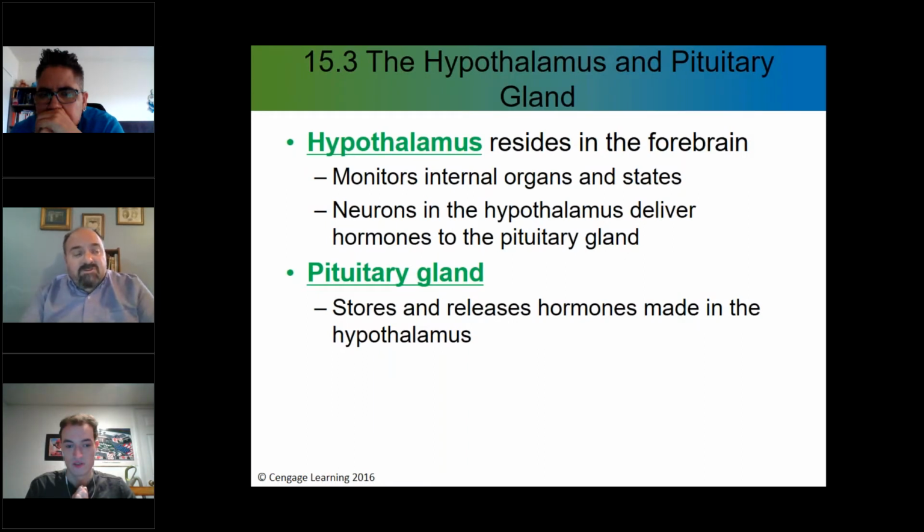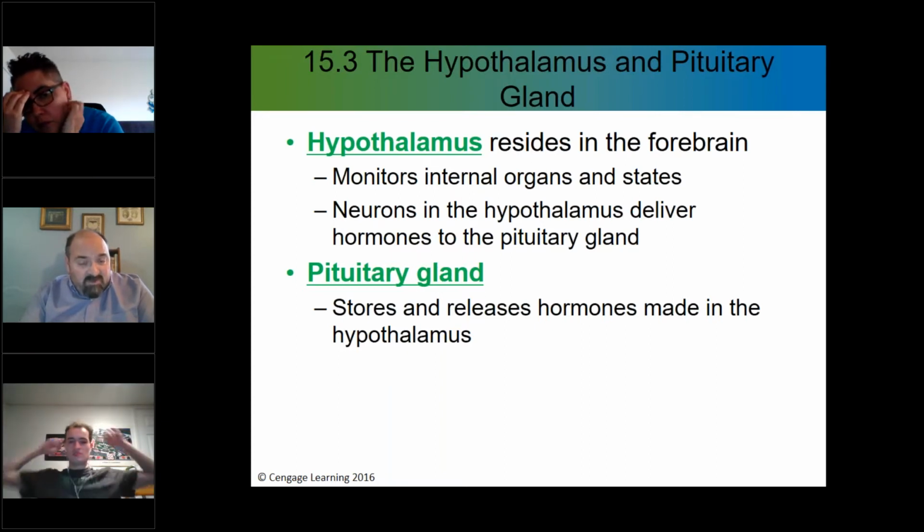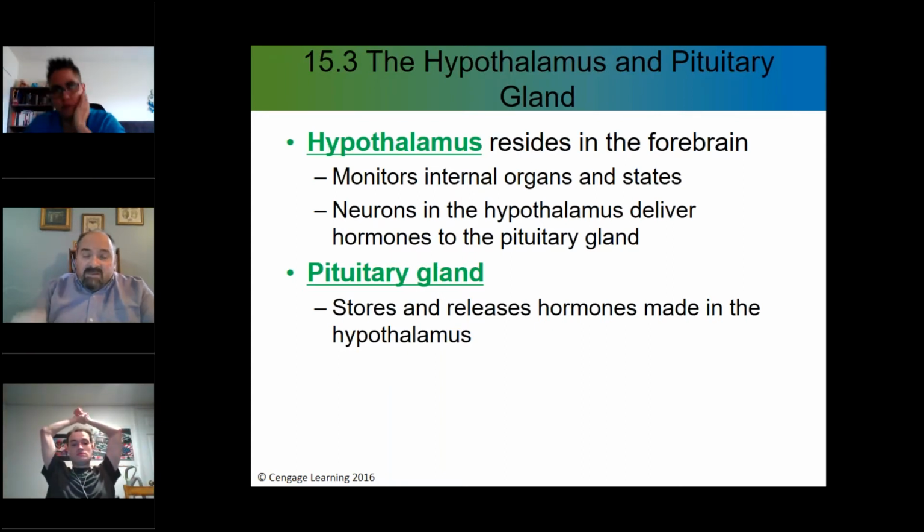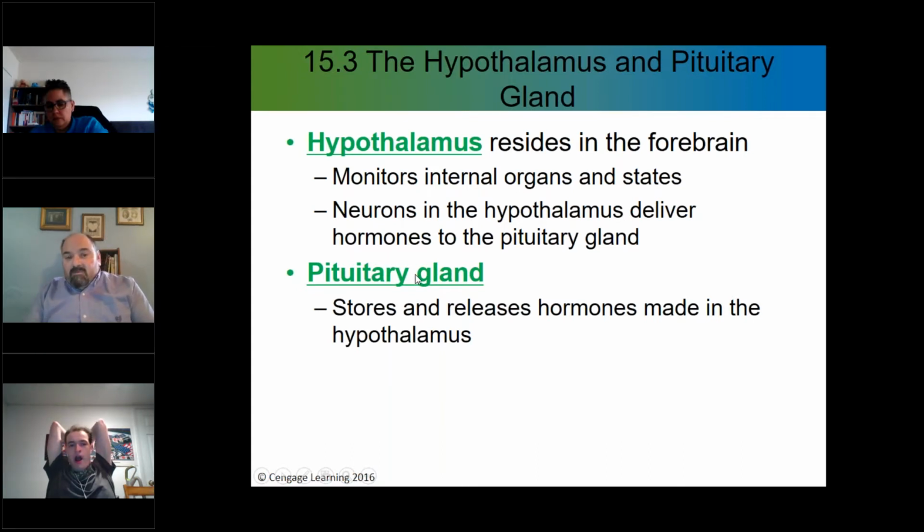So, I mentioned to you these two important parts of the nervous system, the hypothalamus and then the pituitary gland, which has a very intimate connection with the hypothalamus. It's quite interesting that the pituitary gland has two parts, an anterior and a posterior.